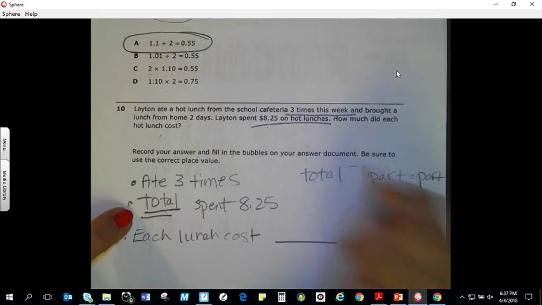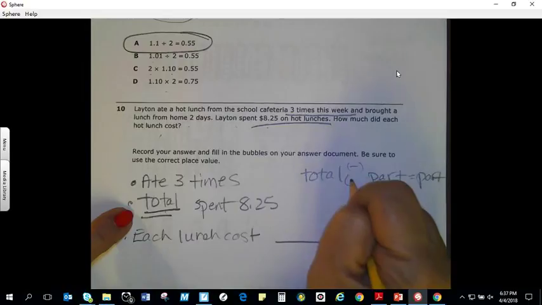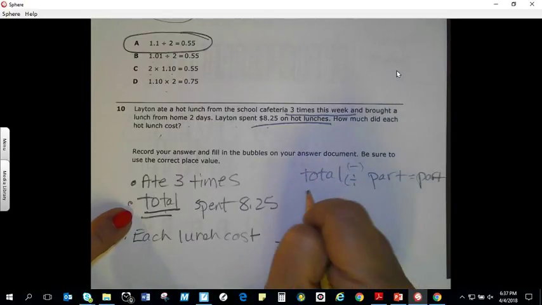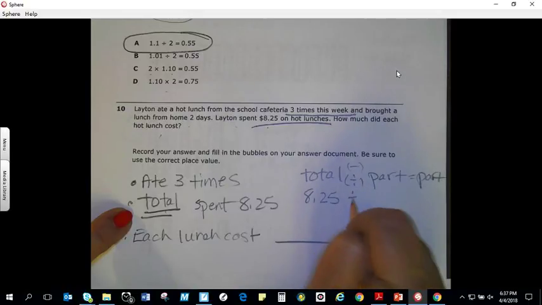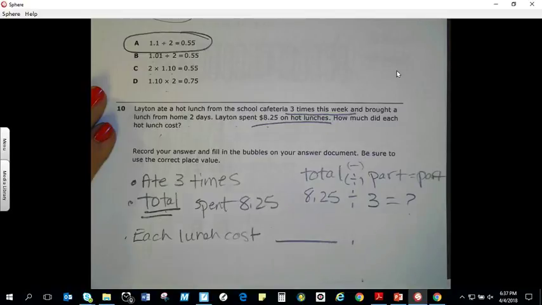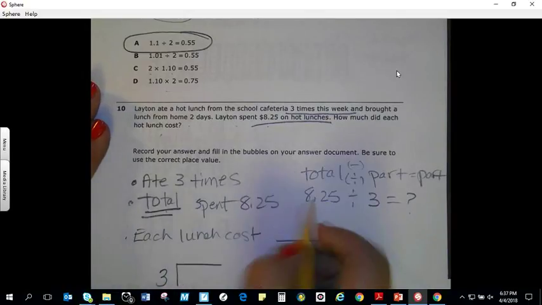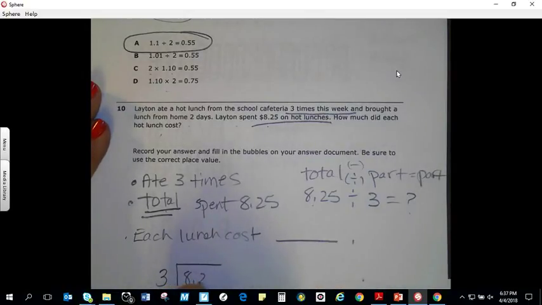So I'm not going to subtract anything, but I will divide. So I have $8.25 divided by 3 equals, how much did he spend for each lunch? So now this is my dividend, $8.25, because it's my total that goes here.